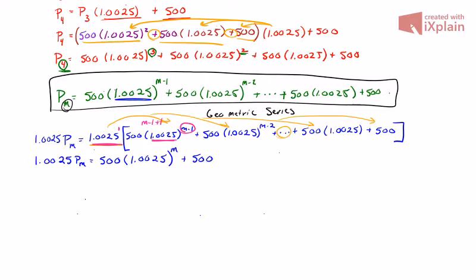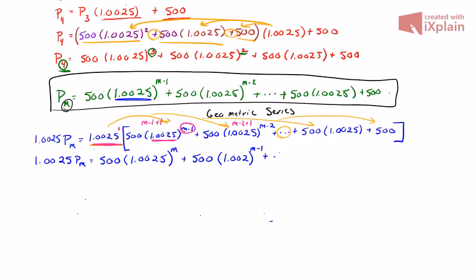Likewise, if we come to the second term, we have 500 times 1.0025, and again, we are doing an m minus 2, and we're going to add the 1 from the factor that we have on the outside. This becomes m minus 1. Oops, let me use a better color. So basically what we're doing is we're bumping every exponent that we had previously up by 1.